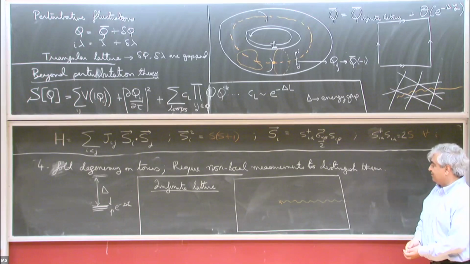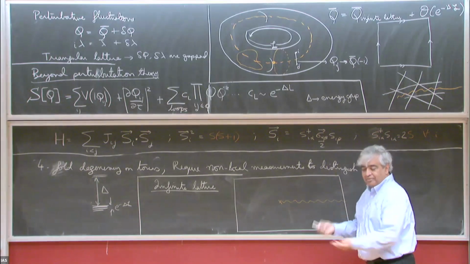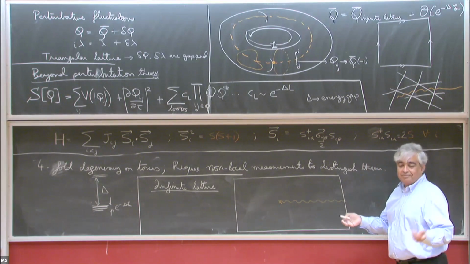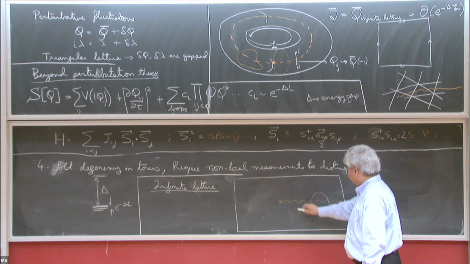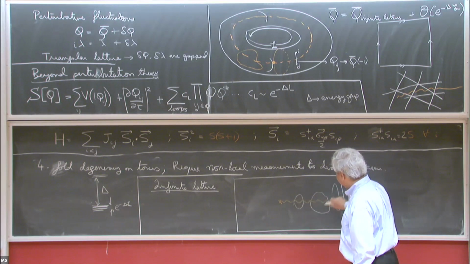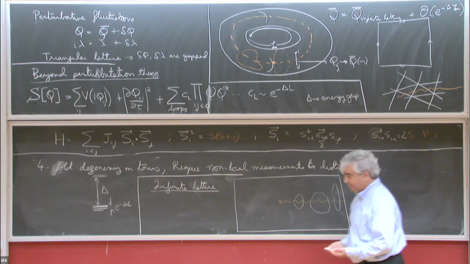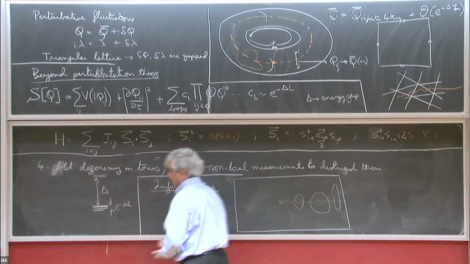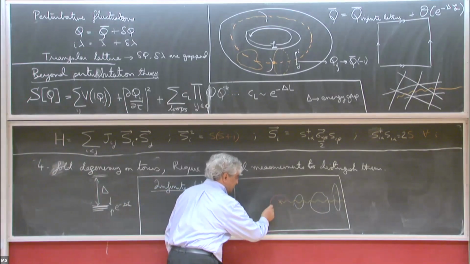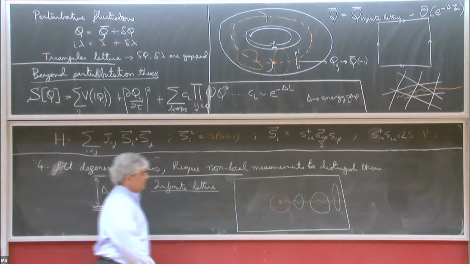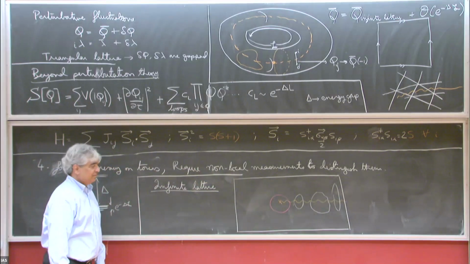But one thing you can see is that even with short loops, there are some special loops we have to consider. If I take a loop like this, there's no change whatsoever in the energy. But there are a small set of loops for which there is a change, and those are loops that go around the end of this cut.